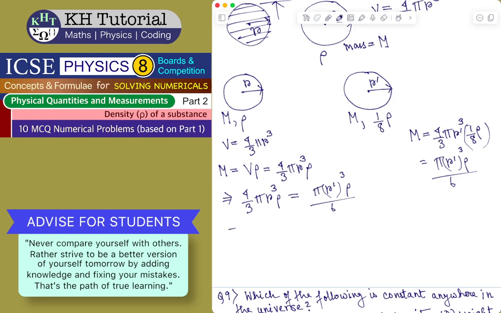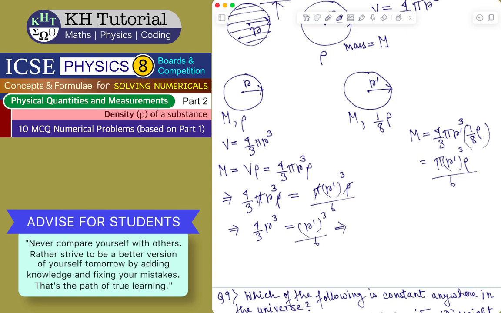From both the sides, we can cancel out pi rho, and we get 4 by 3 r cube is equal to r dash cube by 6.